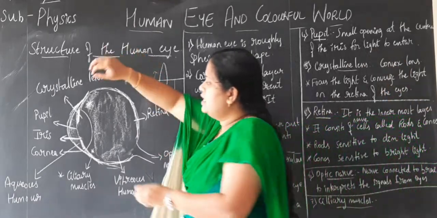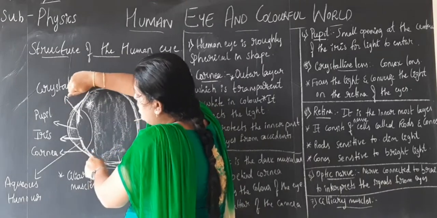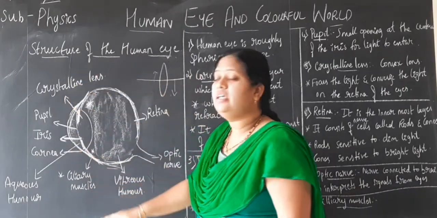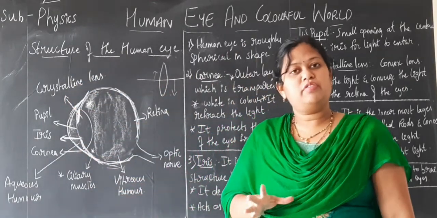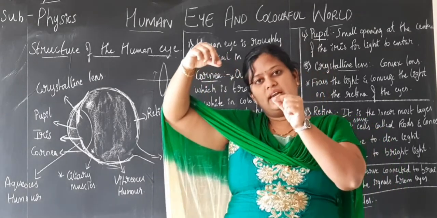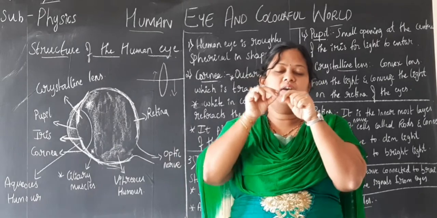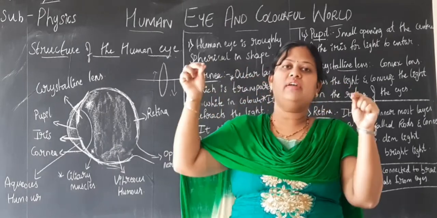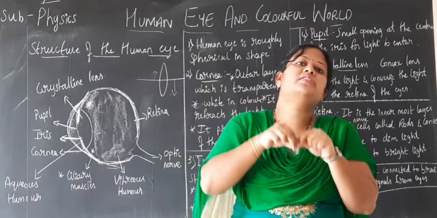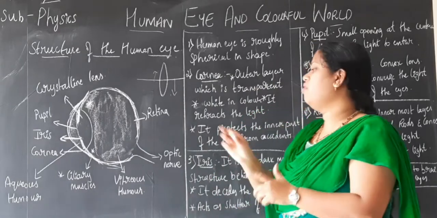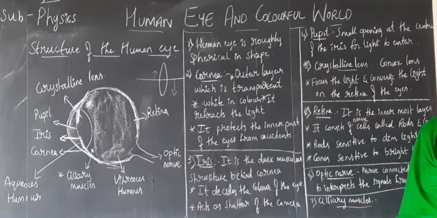So this lens is held together by a muscle called the ciliary muscle, which is the soft muscle holding the lens. As and when you close your eyes tightly or open your eyes widely, it will contract and expand, contract and expand. That is the work of ciliary muscles.